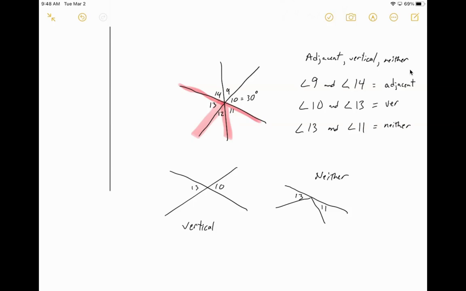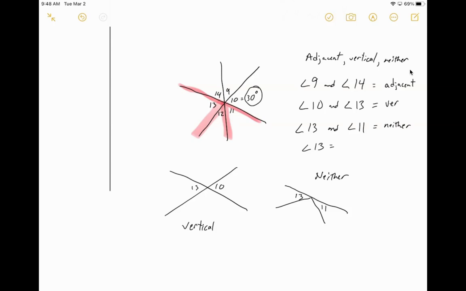Now, if I know what angle 10 is, do I know what angle 13 is? Yeah. If angle 10 is equal to 30 degrees, what's angle 13 equal to? Right?